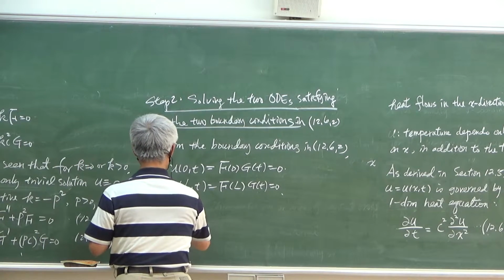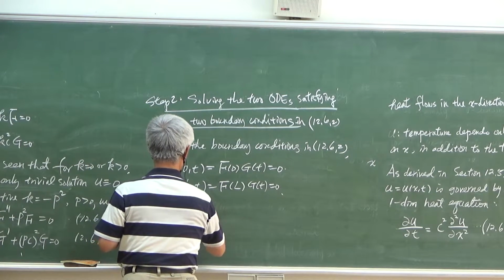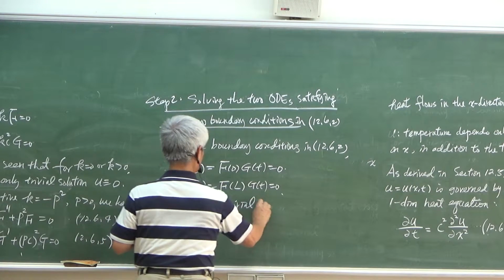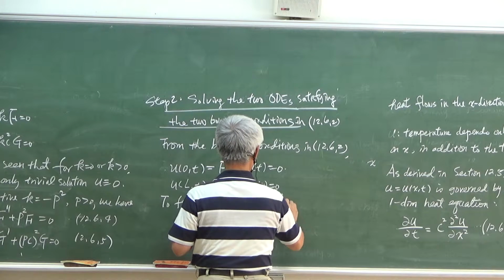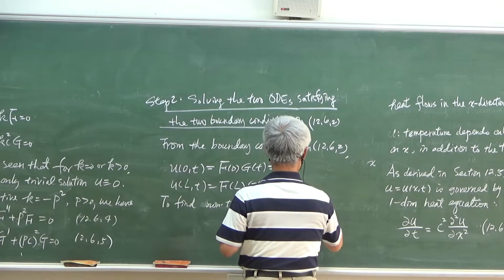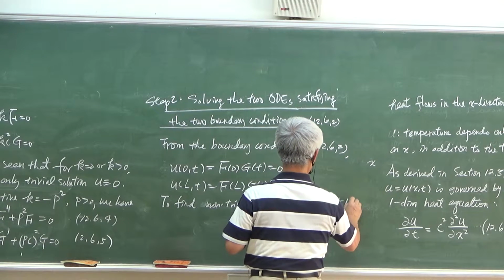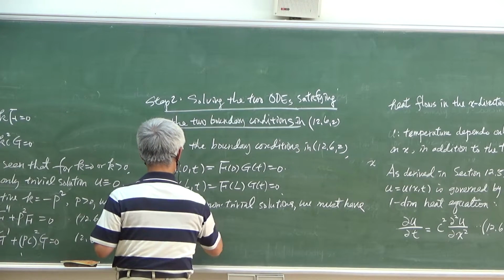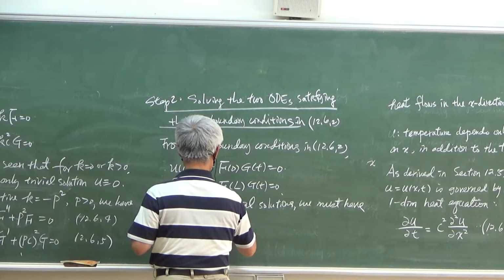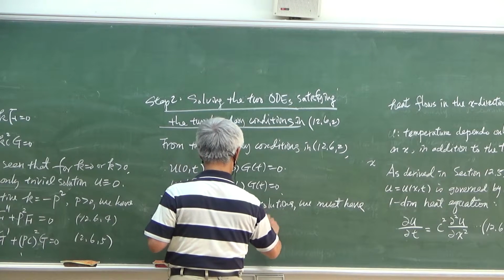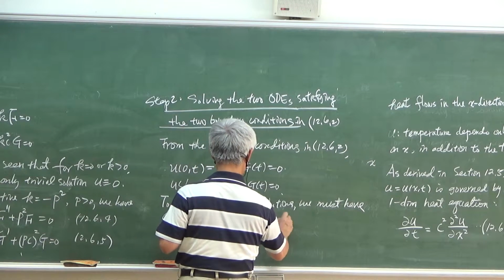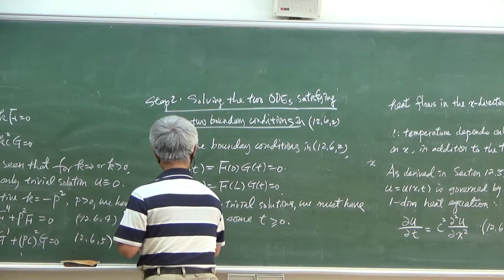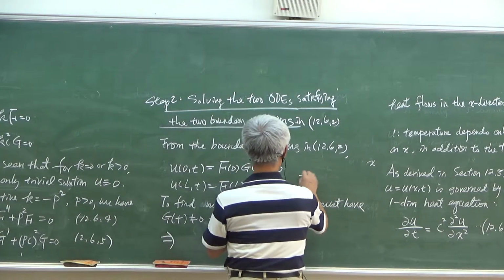To find non-trivial solutions, we must have gt not equal to 0 for some t.